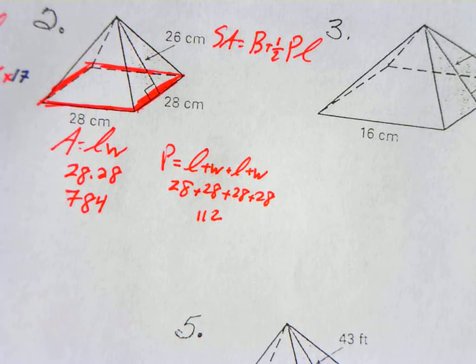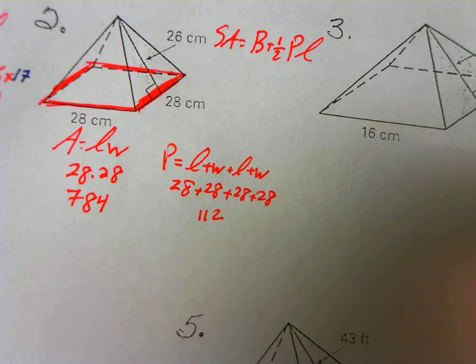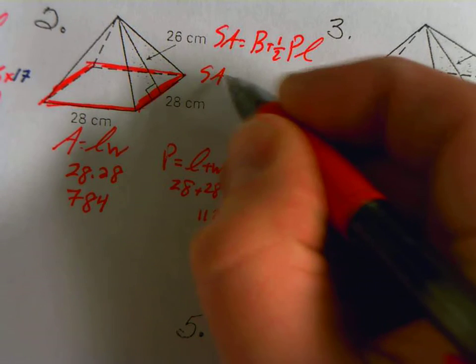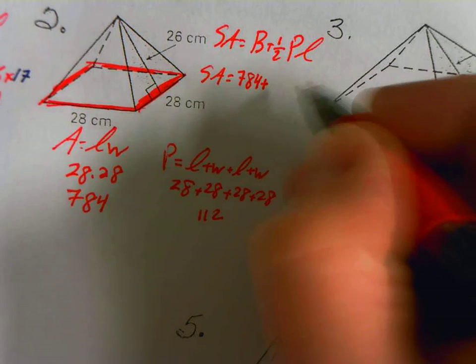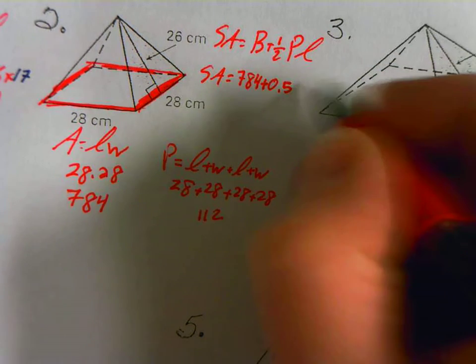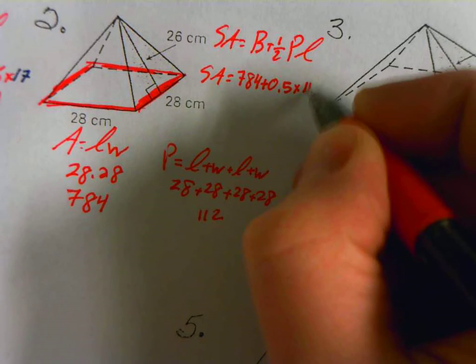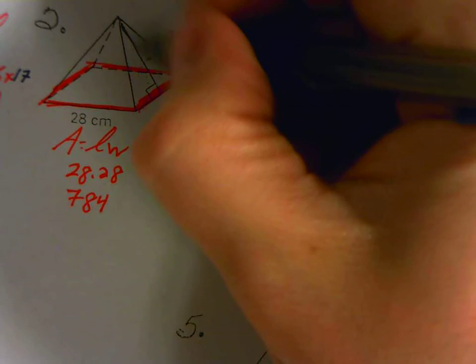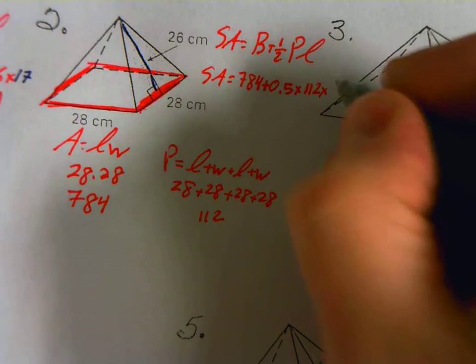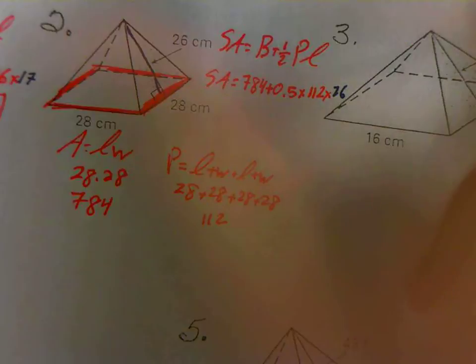Plug it all into the formula. We've got SA equals 784 plus, don't get that mixed up, it's a plus sign, half times 112 times our slant height of 26.